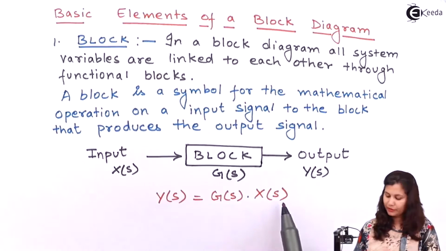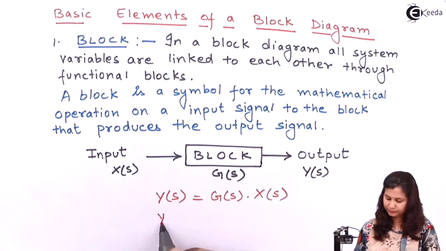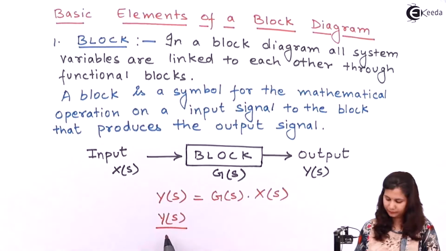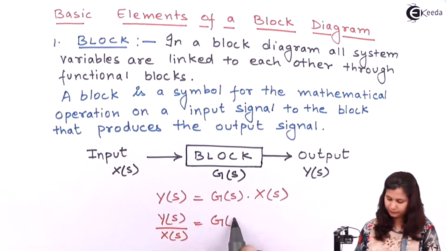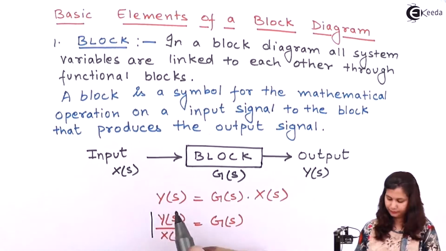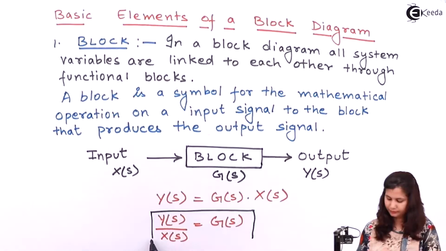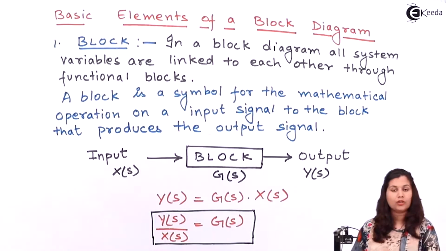So if we take the ratio of Y(s) and X(s), it will be equal to the transfer function. So this is the way in which we can represent a block.